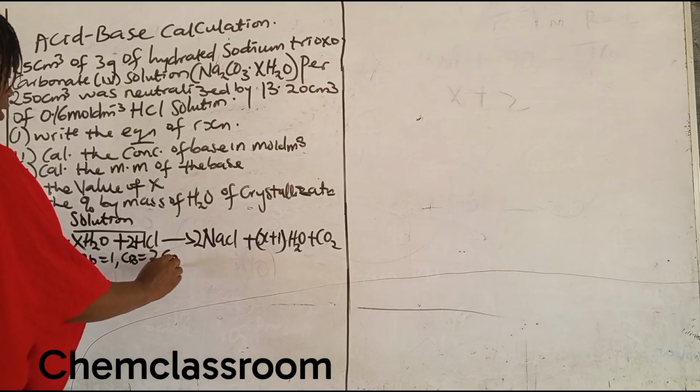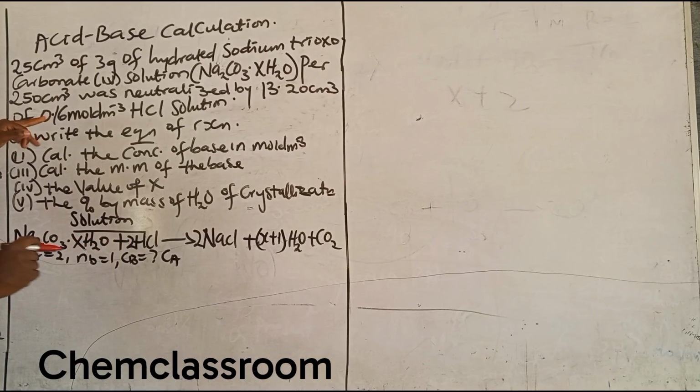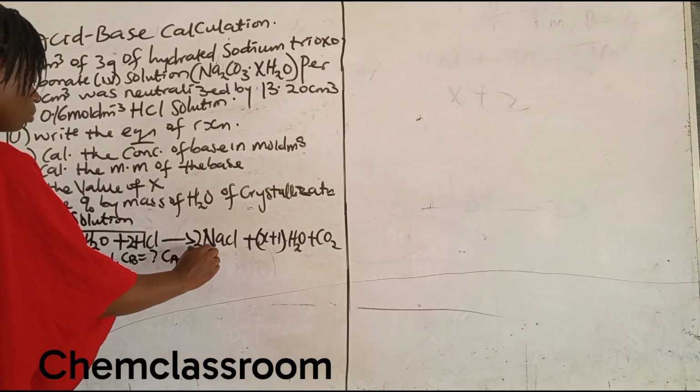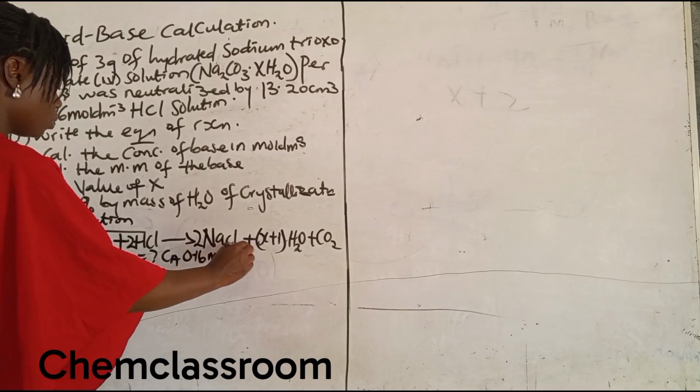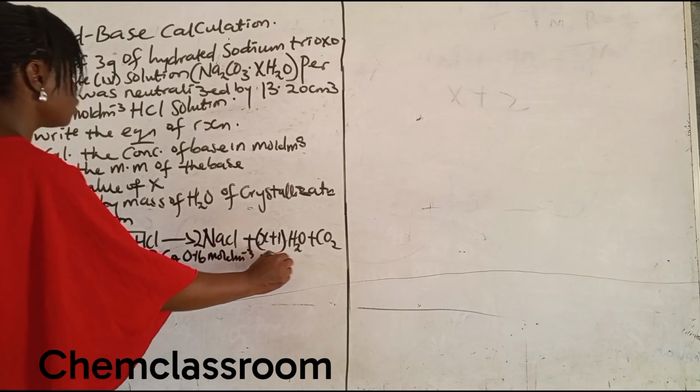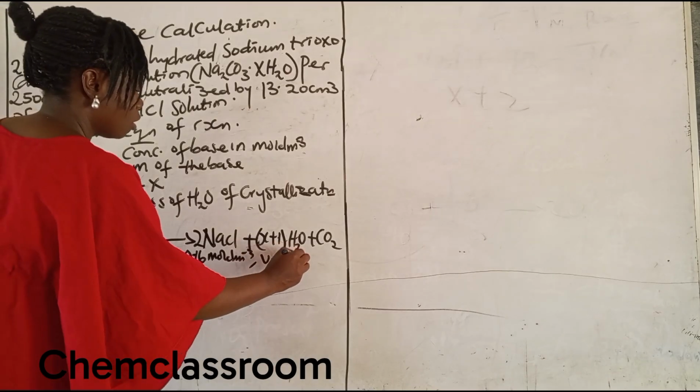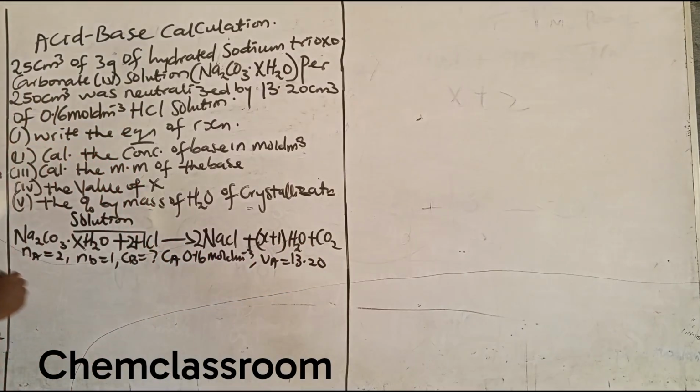Our CA is there in the question, is 0.16 mole per dm cube. Then our VA is the volume of our acid that neutralized, 13.20. Then our VB, volume of our base, is 25 cm cube.